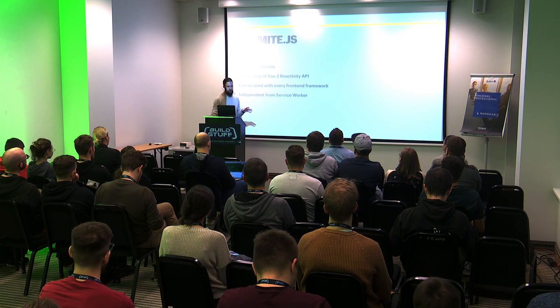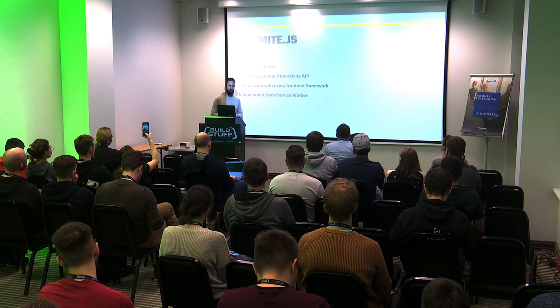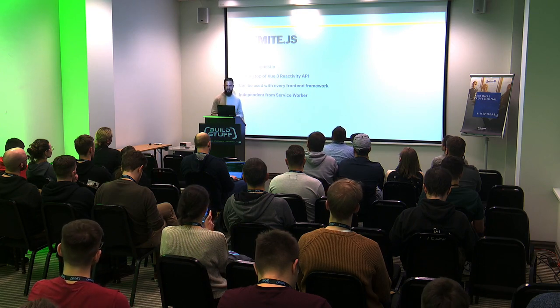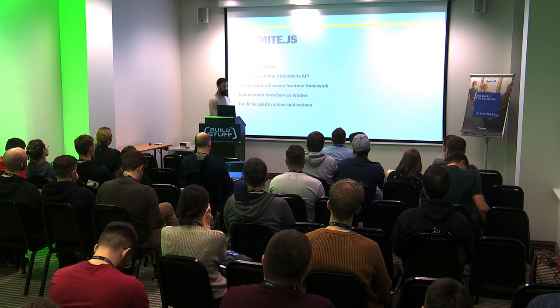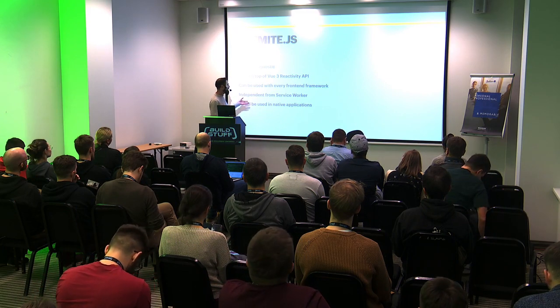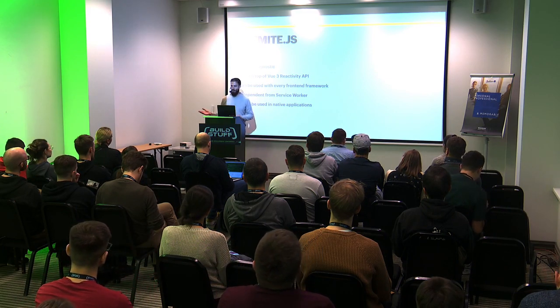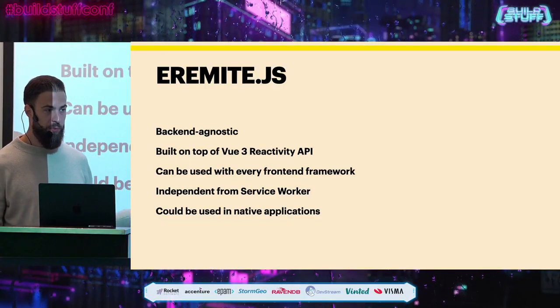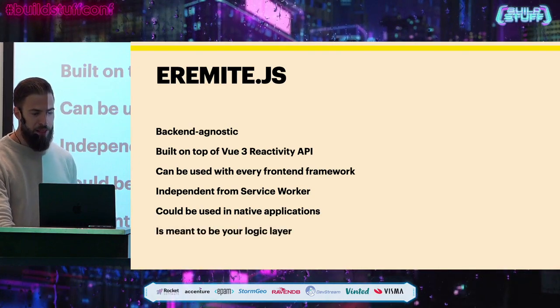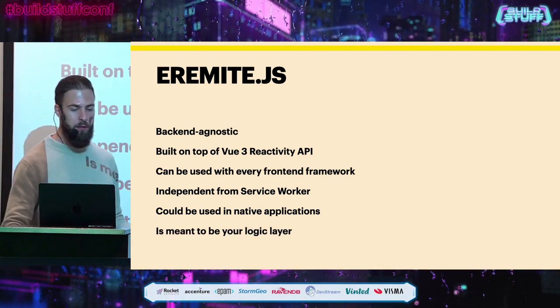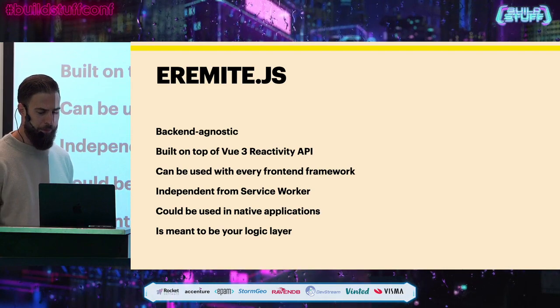It is not built upon a service worker. It just needs service workers to make the web application work offline. The advantage of that is, I guess, that it could be used in native applications as well. Think Electron, think React Native. And as of right now, it is meant to be your application's logic layer.